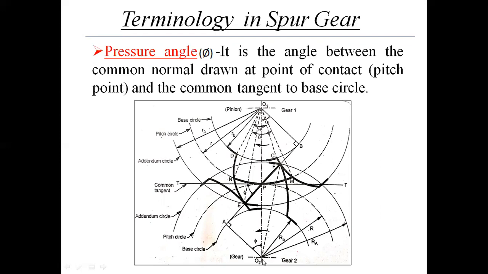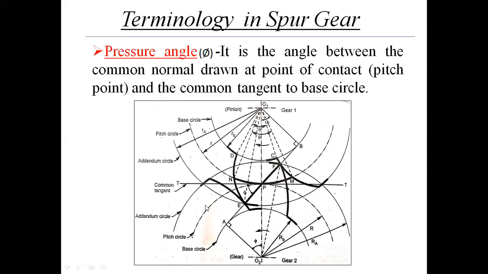O2 is the center of the gear, and again there are three circles for the gear. This is the base circle or dedendum circle, the pitch circle for the gear, and this is the addendum circle of the gear.